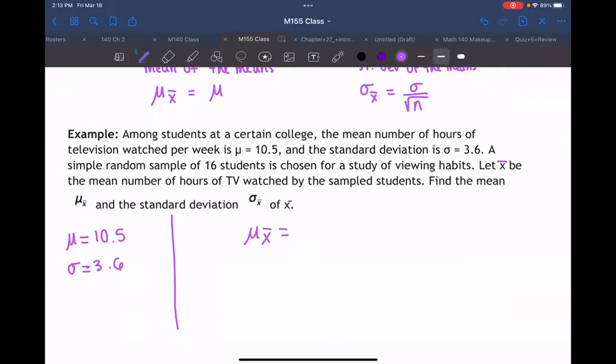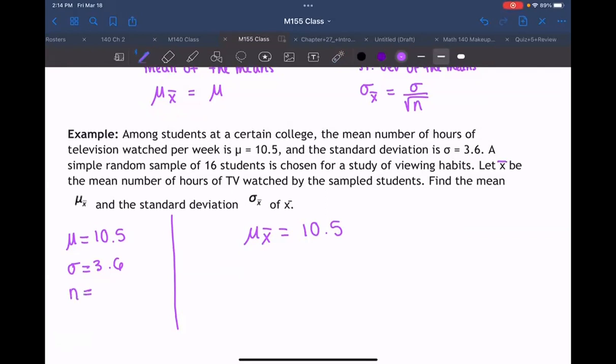Given my two pieces of information, what is mu sub x bar? What's the mean of the means? If we look at the formula, it says it's equal to mu. So what is the mean of the means in this example? 10.5, awesome. It's just the same number, so not too bad. I also forgot to add the sample size to my list.